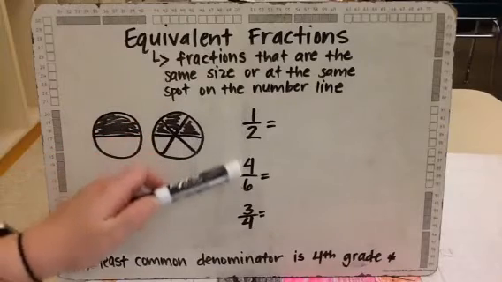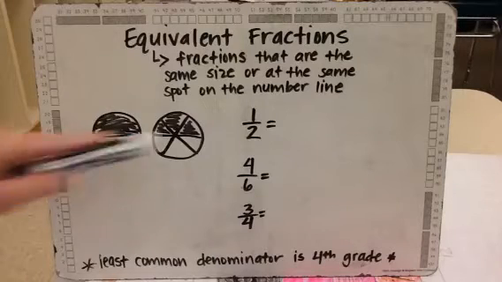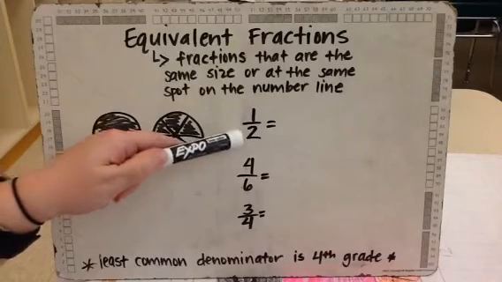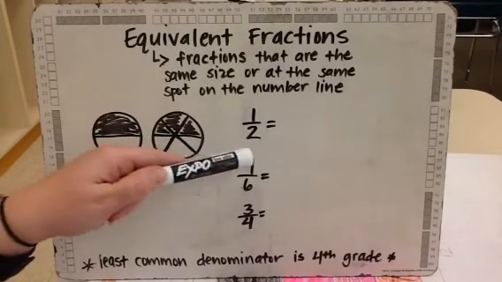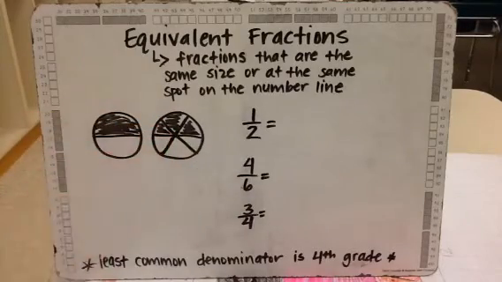So I want to give you some different examples of what we might think about as we're trying to determine other options for equivalent fractions. So here I have 1/2, and I want to find other fractions that are equivalent to 1/2. And so I'm going to go back to what we've been working on all year when we've been doing fractions, is that halves work really well with fourths, and they work really well with eighths. So I'm going to think, how many fourths are equal to 1/2?